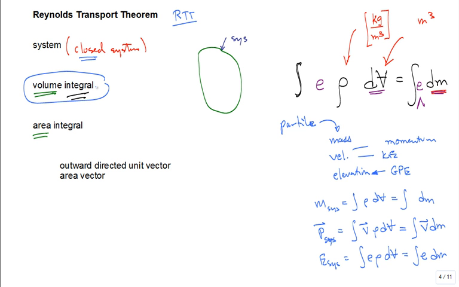I'm trying to give you some examples of them. Next one, area integrals. When you do an area integral, you have to consider the outward directed orientation of the area. If I have an enclosing area, I have something on the inside and on the outside. If you're on the inside, that's my system.